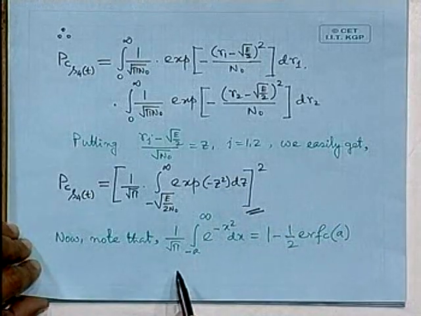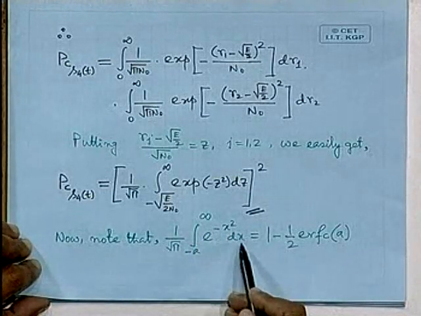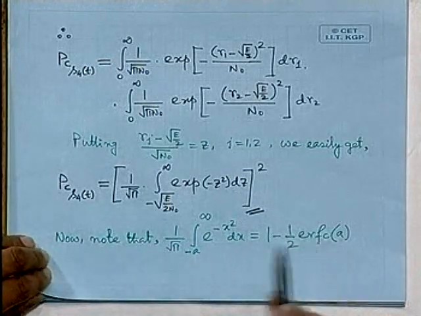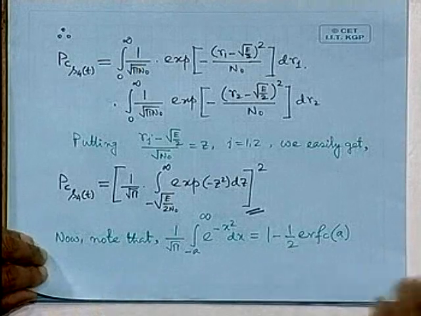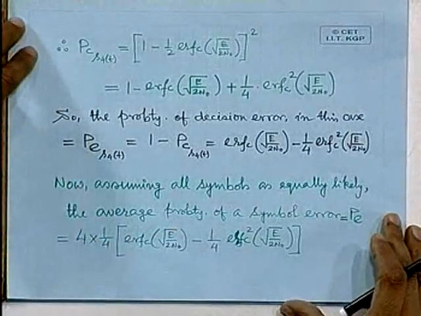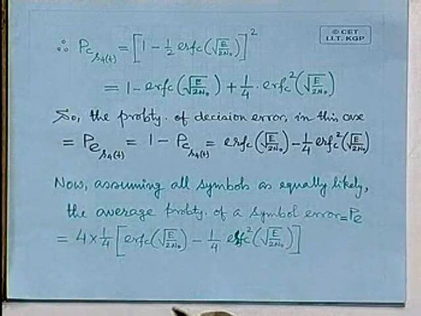Just to remind you that 1 upon root pi integration of minus a to infinity e to the power minus x square dx, with a little bit of manipulation, can be expressed as 1 minus half ERFC of a. So making use of that, we get a somewhat compact expression, I should say, of PC S40.